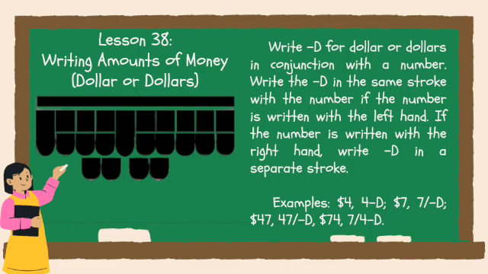So we have 7 and then final D. Same with $47. We write first 47, and then final D. And for $74, we write first 7 and then 4 and dollars. We can write them simultaneously.